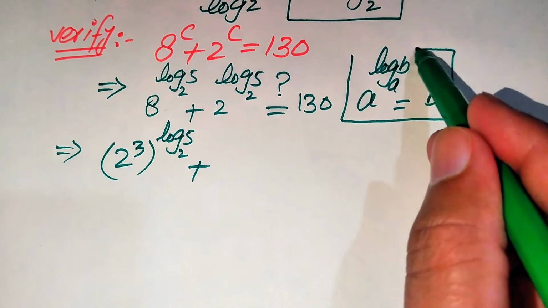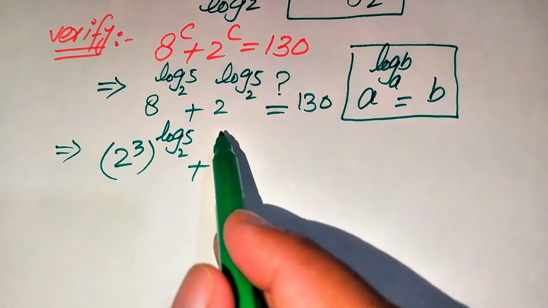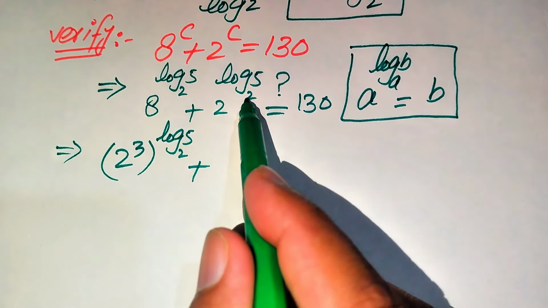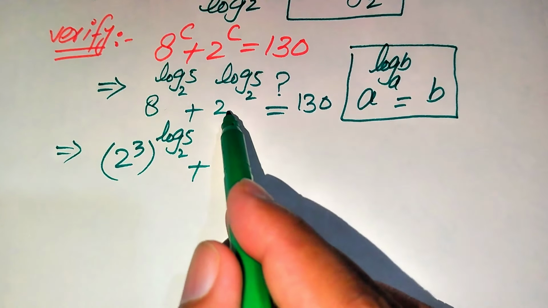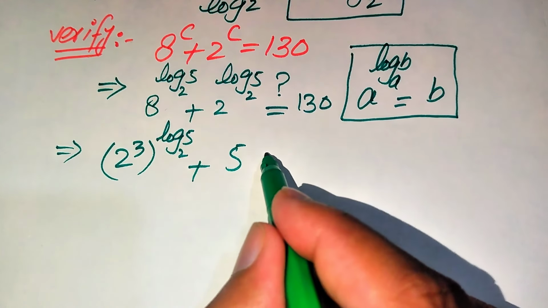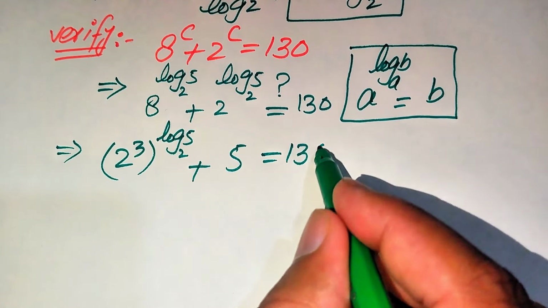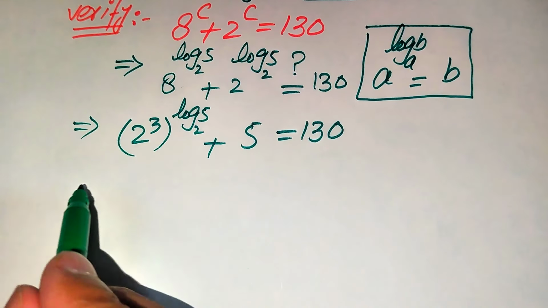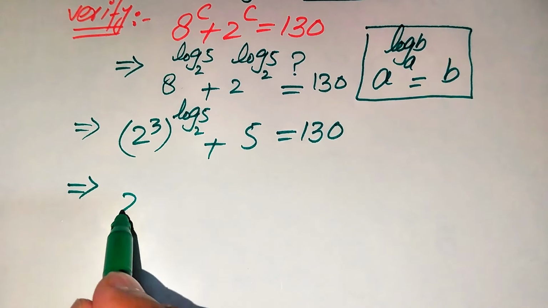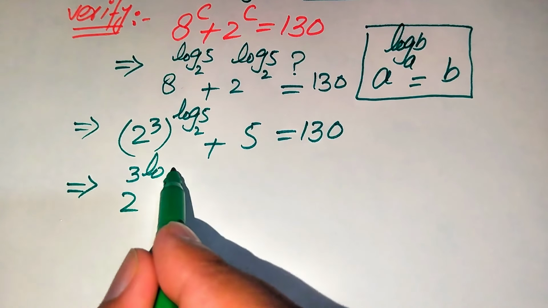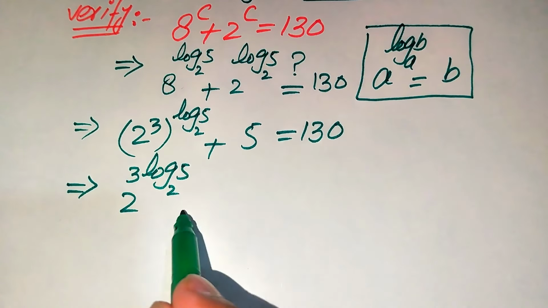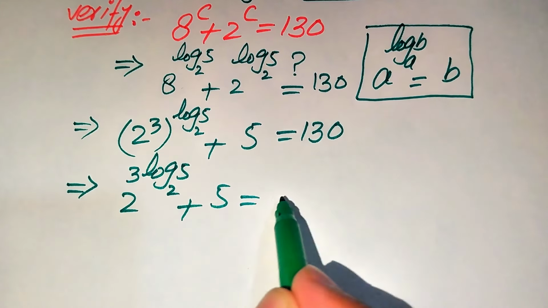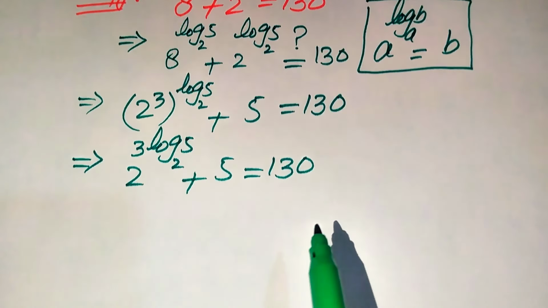According to this rule, you see that this base and the base of the log are the same, so these two cancel out, and we get 5 only, plus this, equals 130. And here we multiply these two exponents, and it will be written as 2 to the power of 3 times log 5 with base 2, plus 5 is equal to 130.